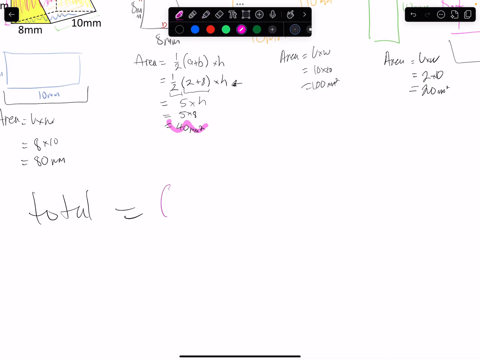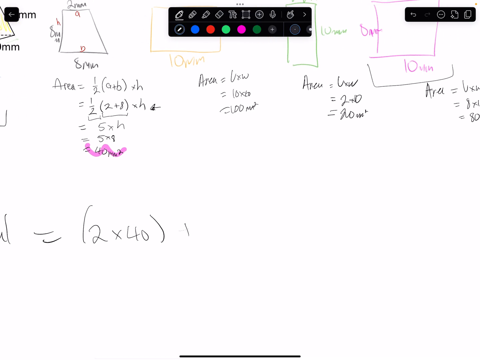So we're going to have 2 times 40 plus 100. Now we're not multiplying by 2 because we only have one of them. Plus 20 plus 80 plus 80.